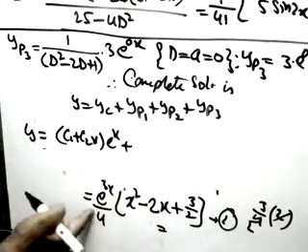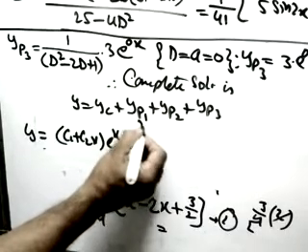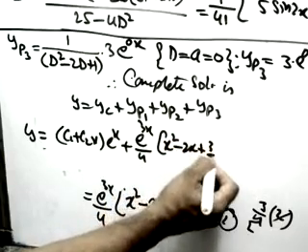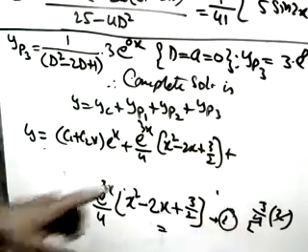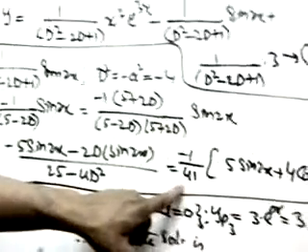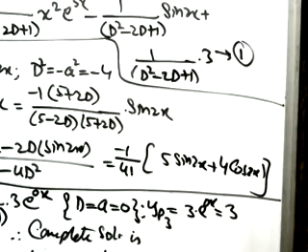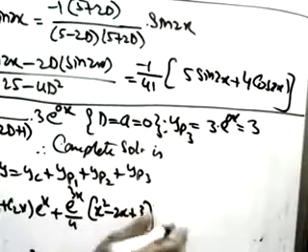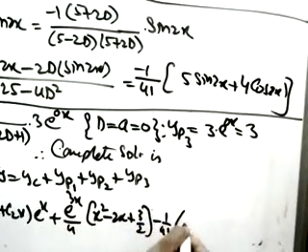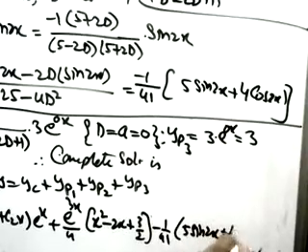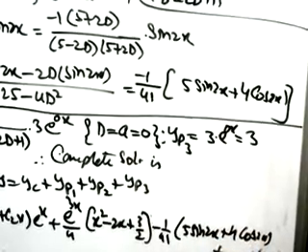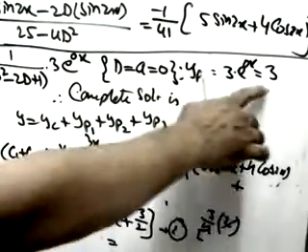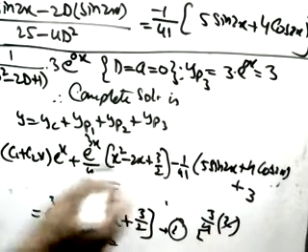Just here you see, it is still on the board. yp1 is e power 3x by 4 into x square minus 2x plus 3 by 2, plus yp2. yp2 is just here, this is minus 1 by 41, and the place is so less that I'm trying to complete it here itself: minus 1 by 41 into 5 sine 2x plus 4 cos 2x, plus yp3. What is the yp3? Just now we got the value of yp3 is 3.